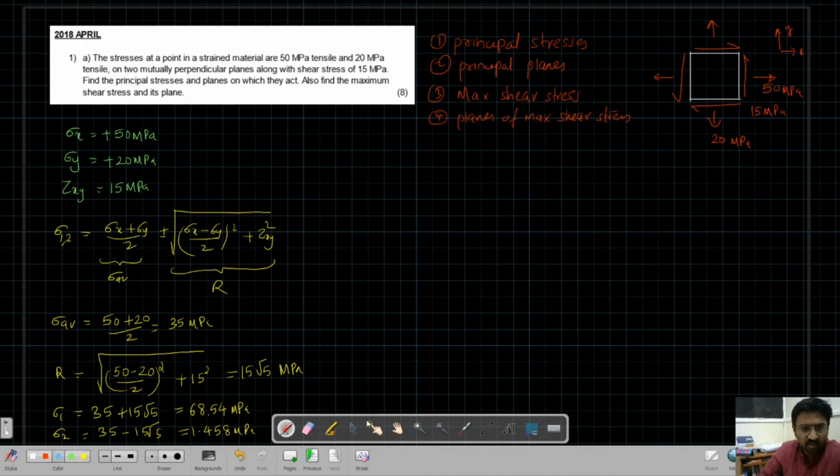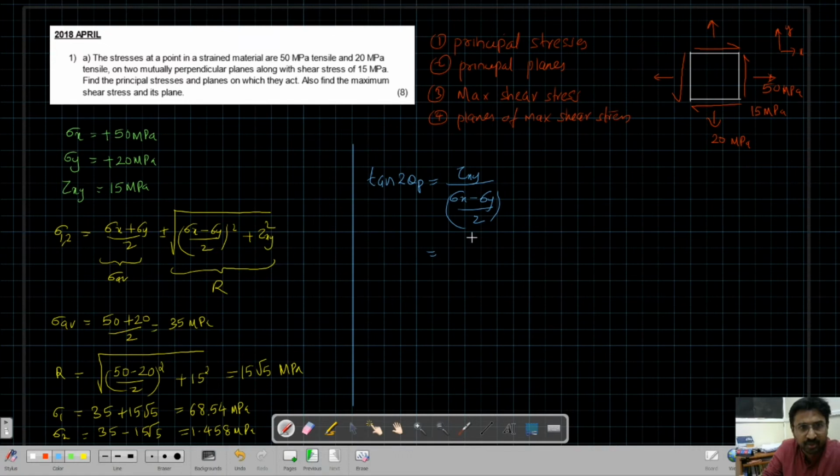Now we will find the principal plane. For the principal plane, we have to use the formula tan 2 theta p equals tau xy upon (sigma x minus sigma y) by 2. So this is basically tan of shear by this term.